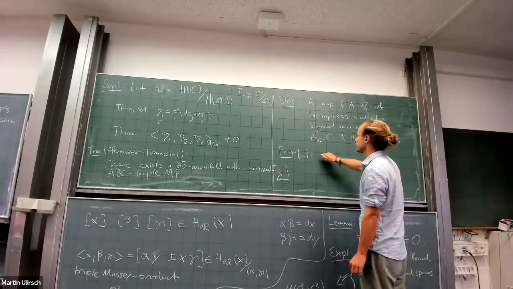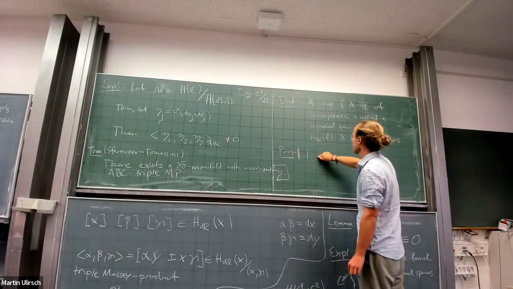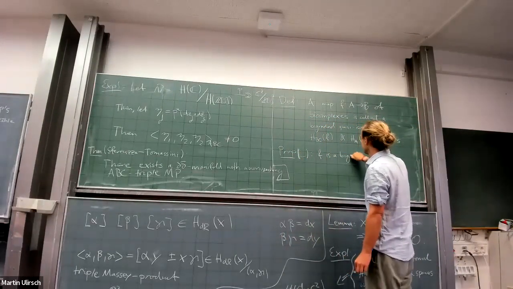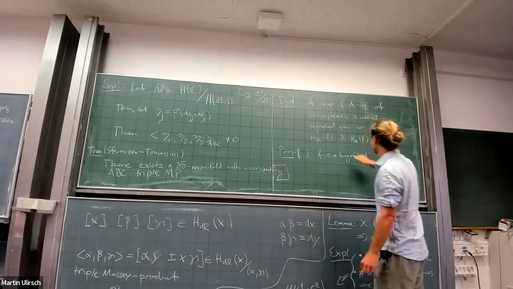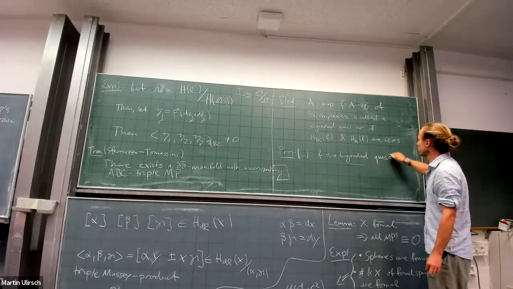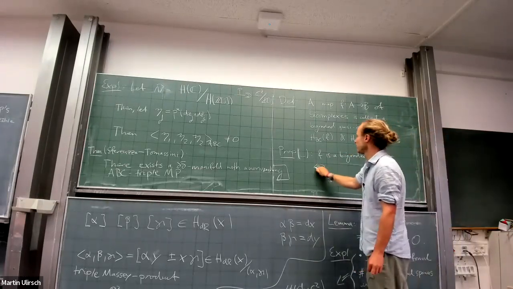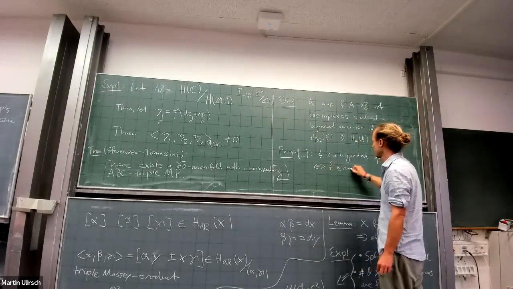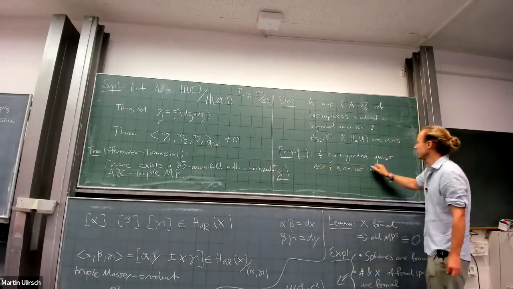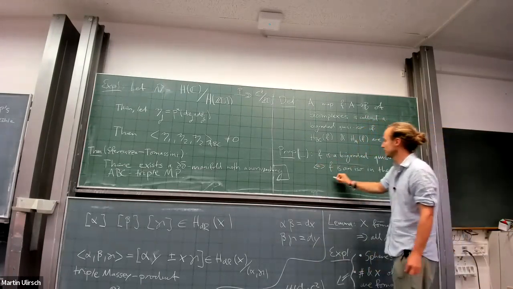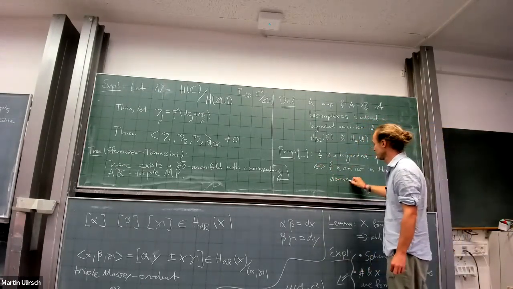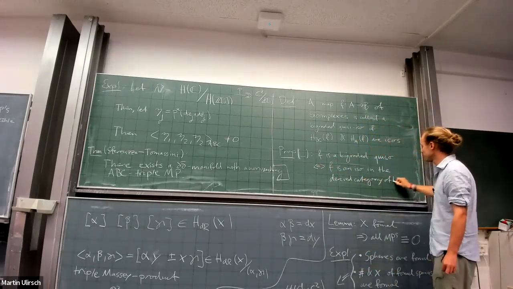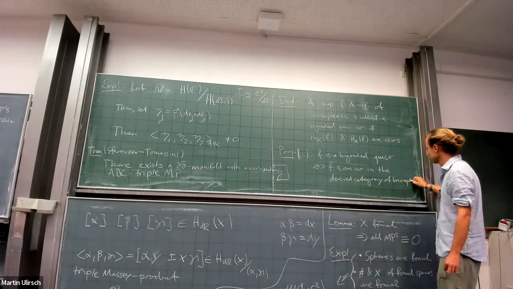which is that a map is a bigraded quasi-isomorphism if and only if it is an isomorphism in the derived category of bicomplexes.